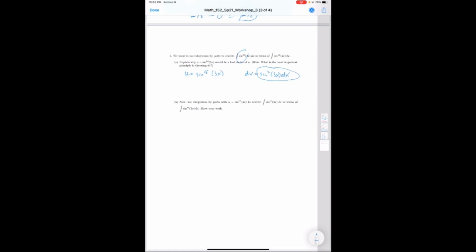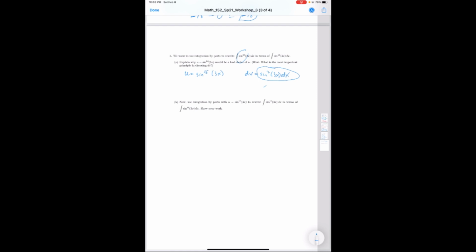And remember the main rule of choosing dv: you want it to be something really easy to integrate. That's the whole point of integration by parts, you choose something where you know how to integrate dv in order to convert an integral problem you can't solve into a part that you can solve, the dv part, plus a differentiation problem on u.